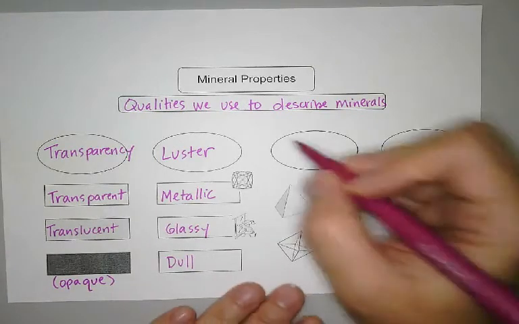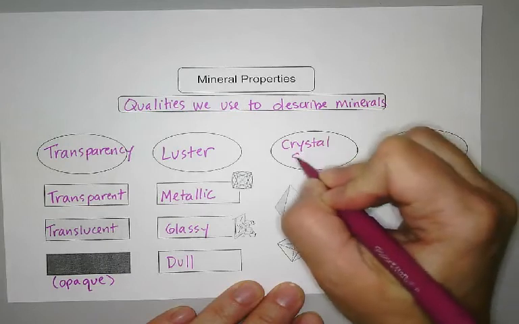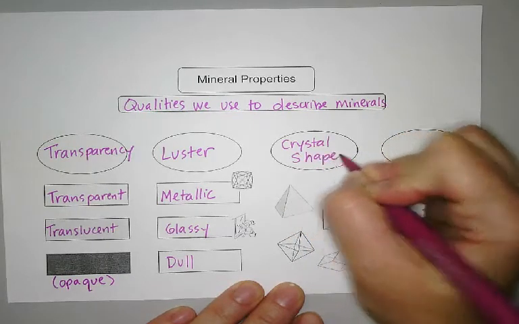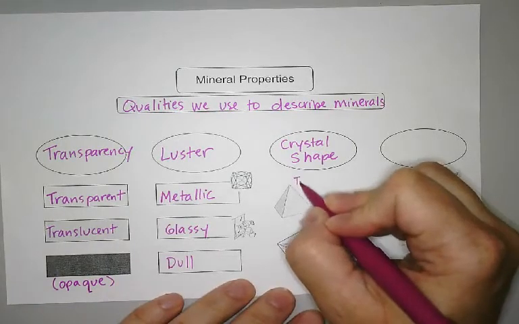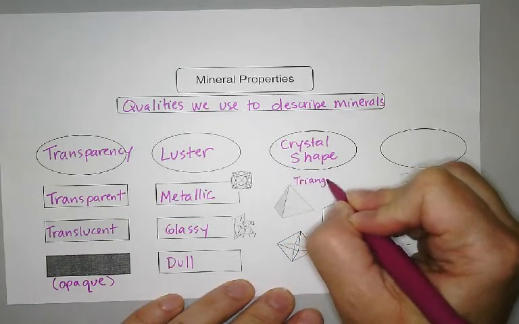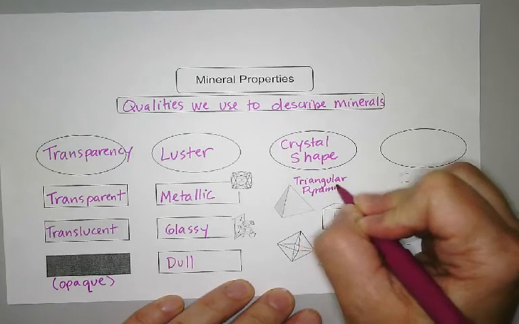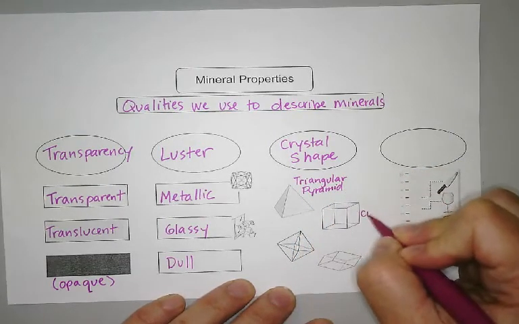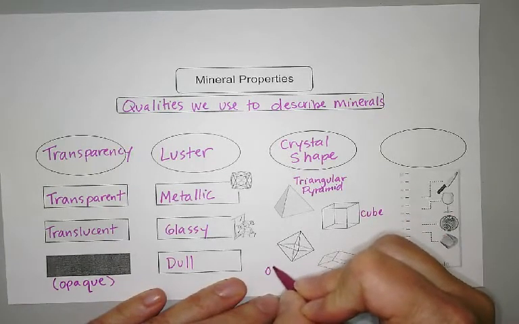All right, we also have the crystal shape. And we've got a couple of examples here. We have a triangular pyramid. We have a cube. We have the octahedron.